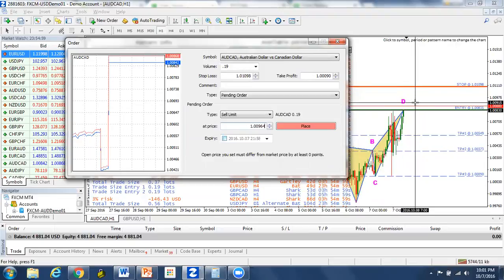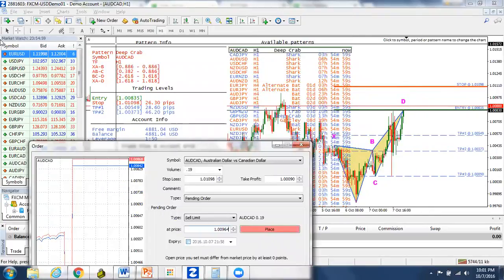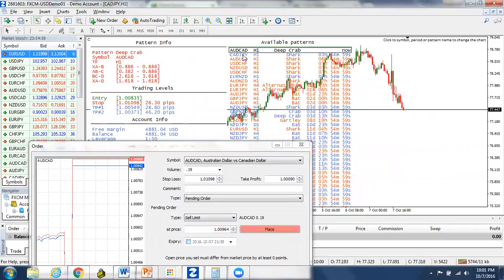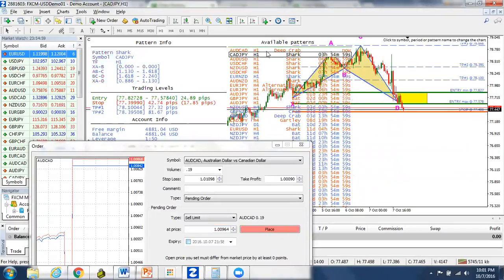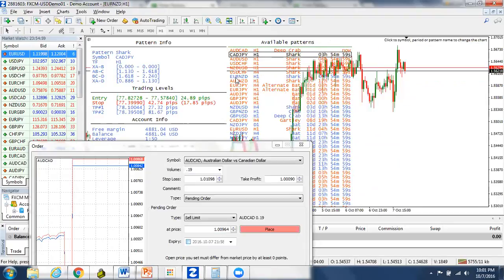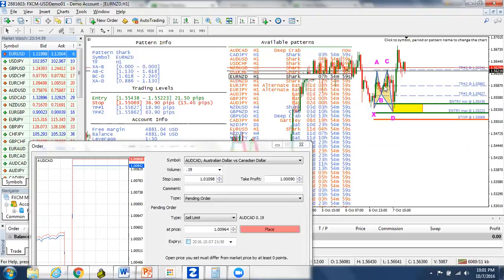Okay, and the buy limit you would do, let's say in this example, just for the sake of the example, let's say the market was here.